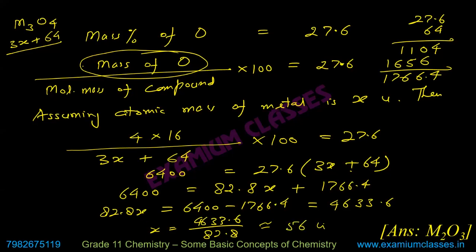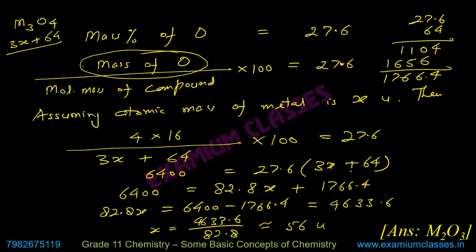So from here you got the atomic mass of the metal, and 56 is that of iron. If you know, 56 is the atomic mass for iron. 26 is the atomic number, 56 is the atomic mass for iron.